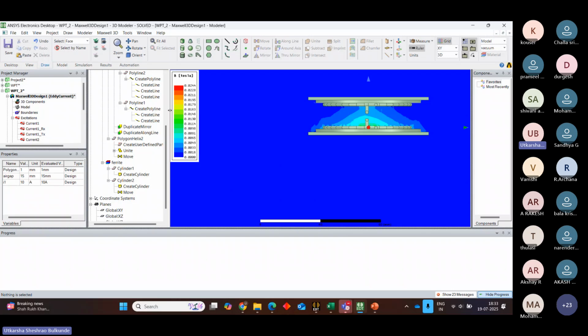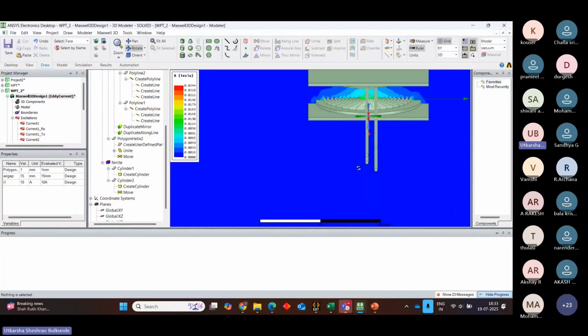So what we do is we don't simulate this spiral structure, but instead we just draw a solid plate here. Instead of this spiral structure, we will just draw a circular solid plate there, and give it the excitation.